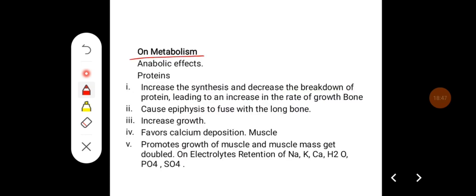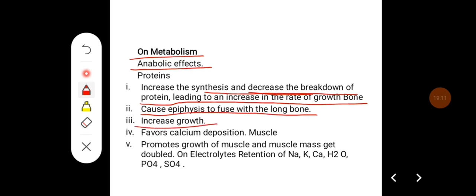On metabolism, it has mainly anabolic effects. On proteins, it increases the synthesis and decreases the breakdown of protein, leading to an increase in the rate of growth. In the bone, it causes the epiphysis to fuse with the long bone, and it also increases growth.